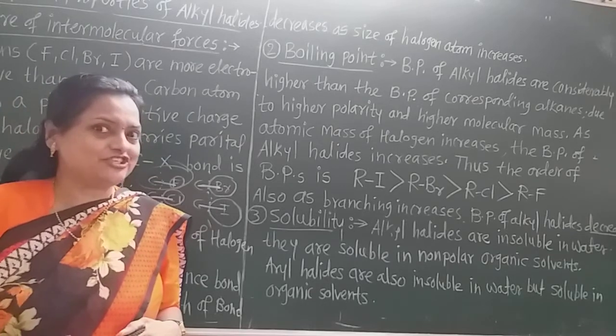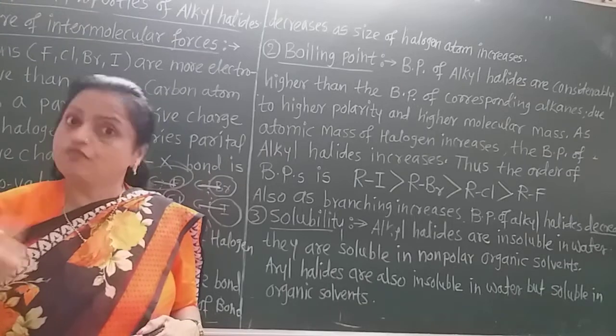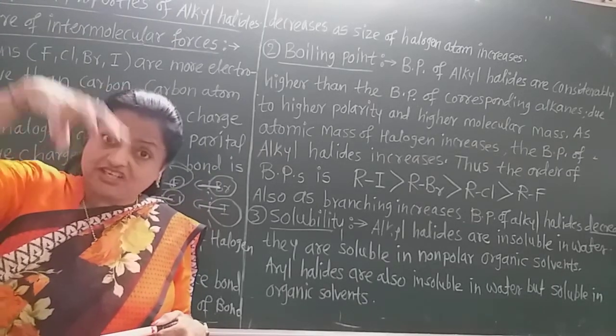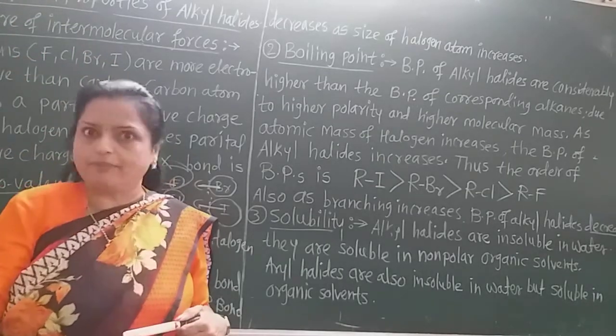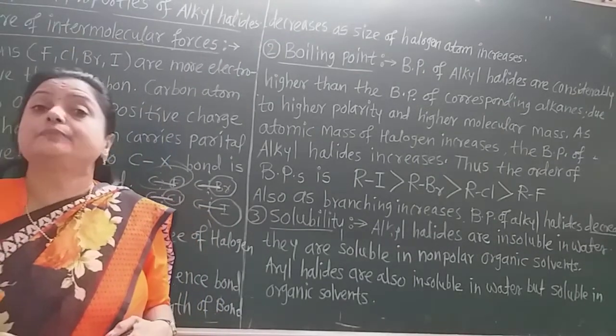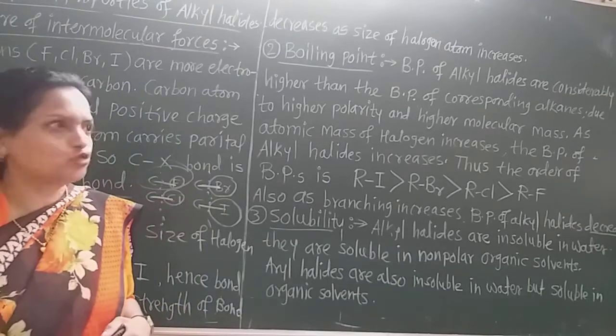That means the atmospheric pressure is 1 atmosphere. The vapor pressure is exerted by the vapors of the liquid on the surface of that liquid, and when the vapor pressure becomes equal to the atmospheric pressure, that temperature is the boiling point of that liquid.